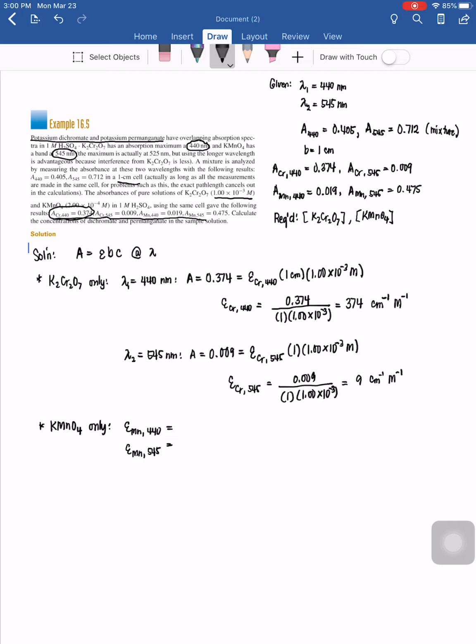If I plug this into my calculator, given the values that are written in my problem, I should get the following values. At 440 nanometers, the molar absorptivity of potassium permanganate must be 95 per centimeter per molar.